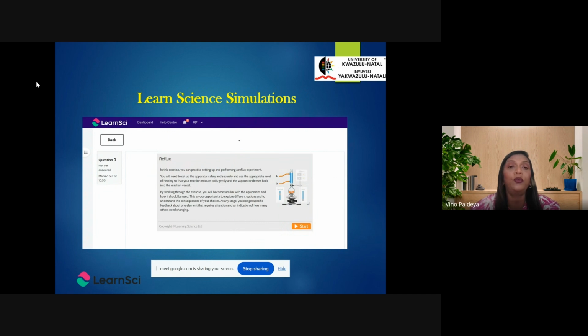So just to show you what these Learn Science simulations looked like, and the ones that we actually used. If a reflux was part of the lab activity, then the simulation that we chose was the reflux.